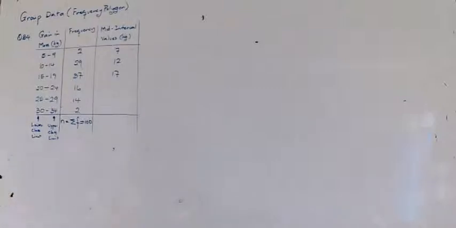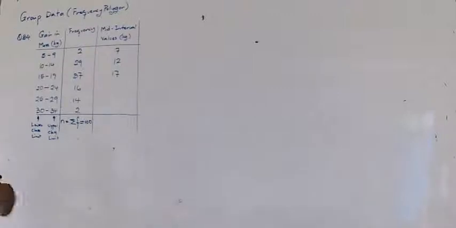Group data presents a little problem. For example, when you're going to calculate something like the mean, the average. In order for you to calculate the average, it is the sum of all values divided by the number of values. But we do not know the actual value, because this is from 5 to 9.